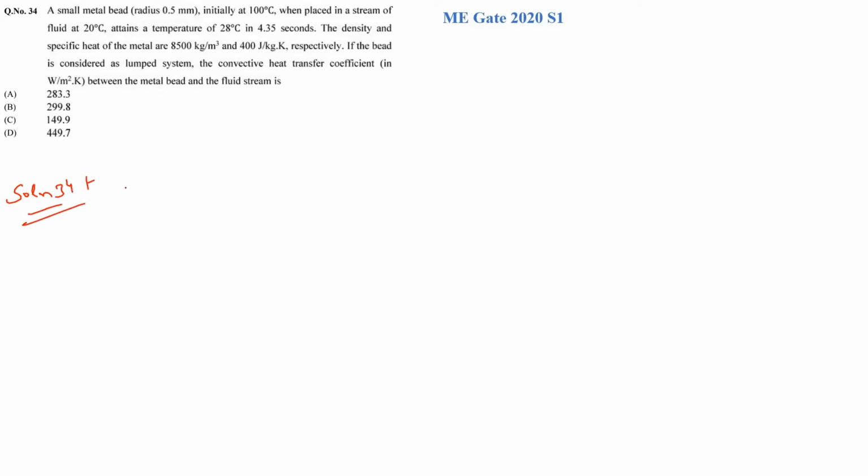Right. So this is from the topic lumped parameter analysis. And what does it say?